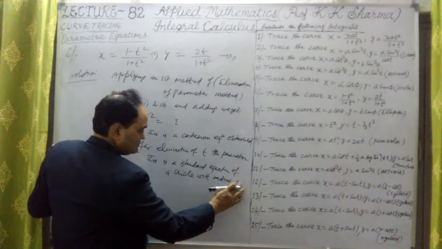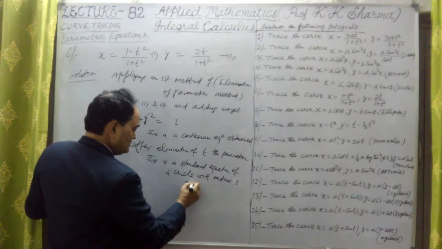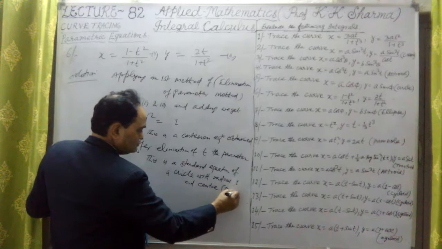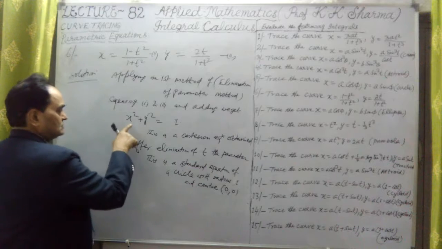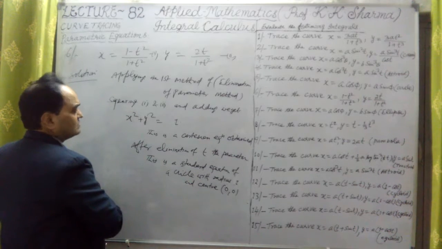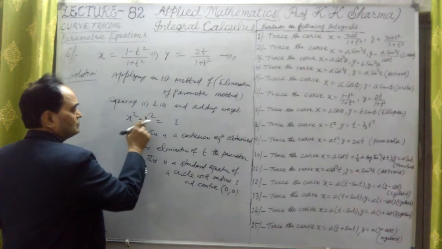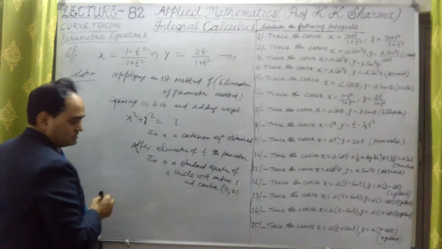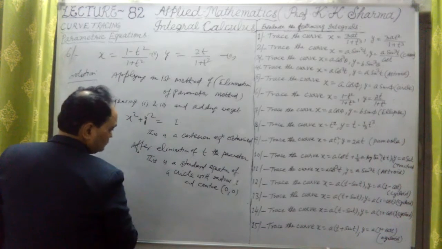Again, with the radius 1 and center (0, 0). Okay, because this is (x minus h) whole square plus (y minus k) whole square equal to r square. Here r is 1, radius is 1, and center is (0, 0).